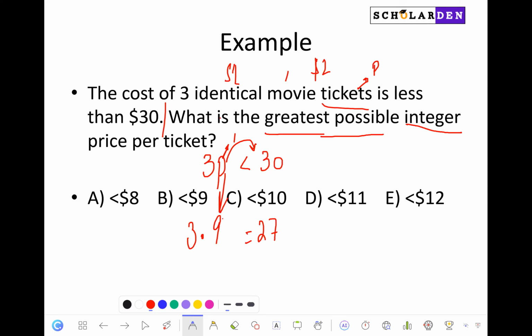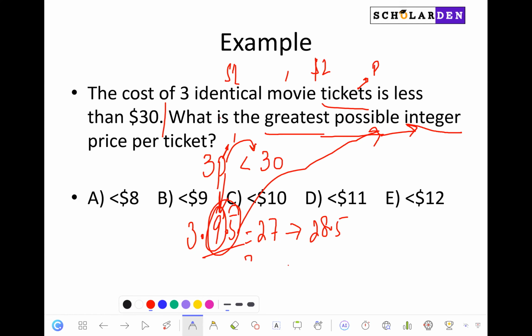And if we multiplied by 9.5, you would get 28.5. This is again closer to 30, but what does this violate? It violates the condition that the ticket price must be an integer value. So decimals are not allowed.